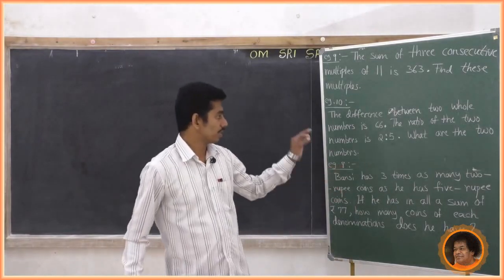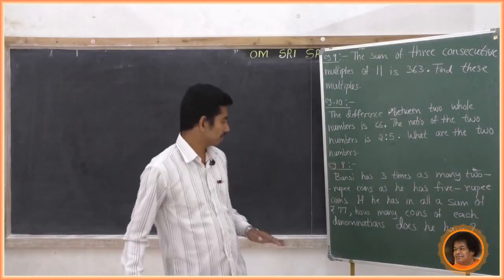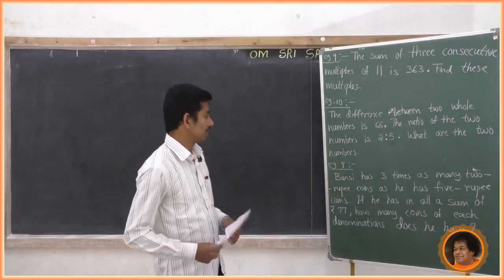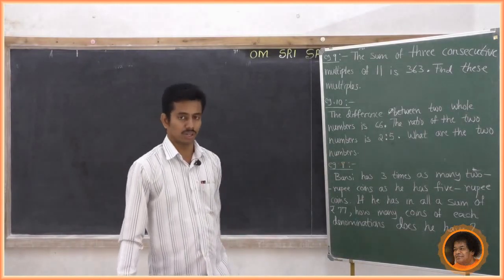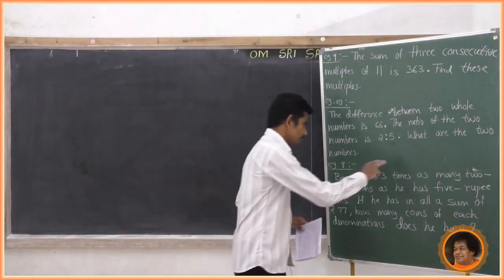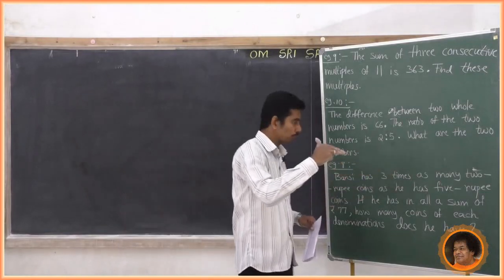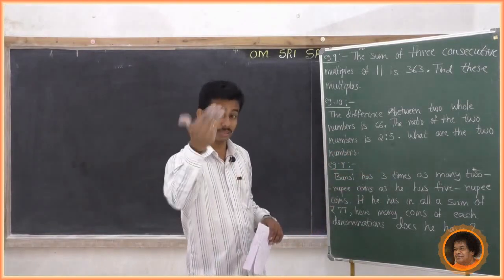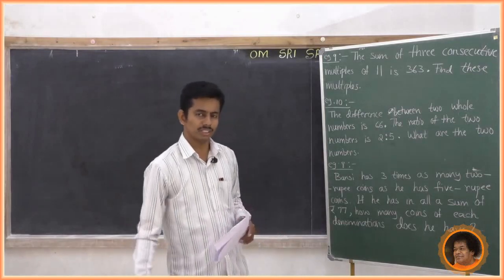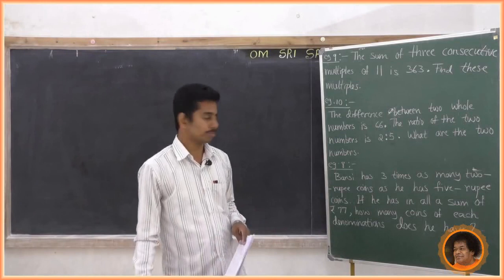Bansi has the number of 2 rupee coins that is 3 times the number of 5 rupee coins. This is the given problem. The number of 2 rupee coins is 3 times the 5 rupee coins. Now tell me, how many 5 rupee coins does Bansi have?